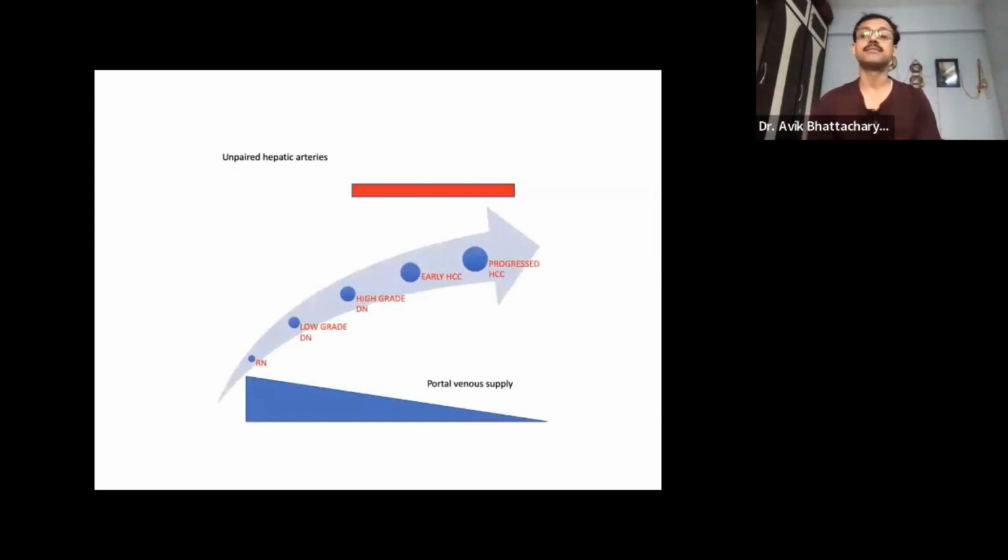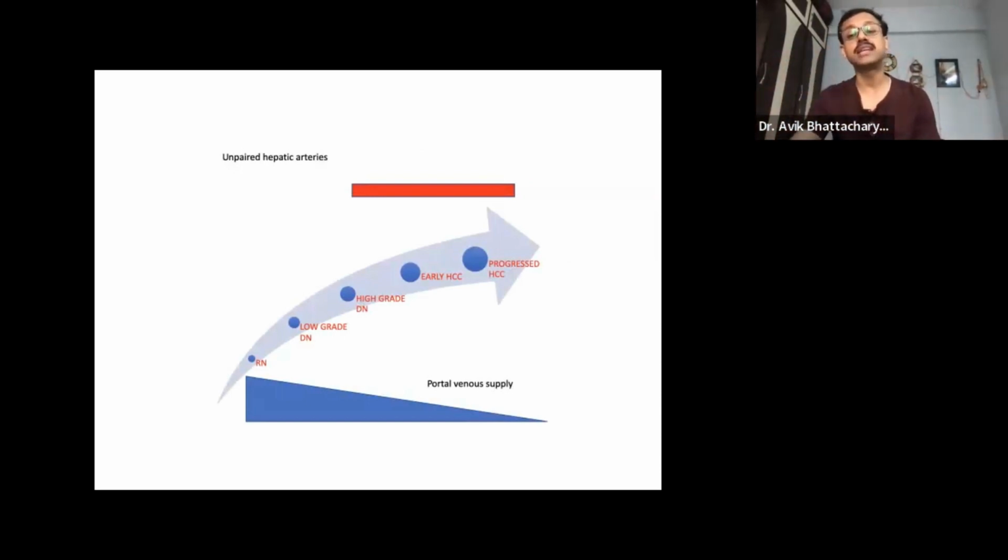And again, when a lesion turns from regenerative to dysplastic to early hepatocellular carcinoma, the portal venous supply reduces and unpaired hepatic arterial supply increases. So when the lesion enhances, the rest of the liver, which has portal venous supply, would not enhance.